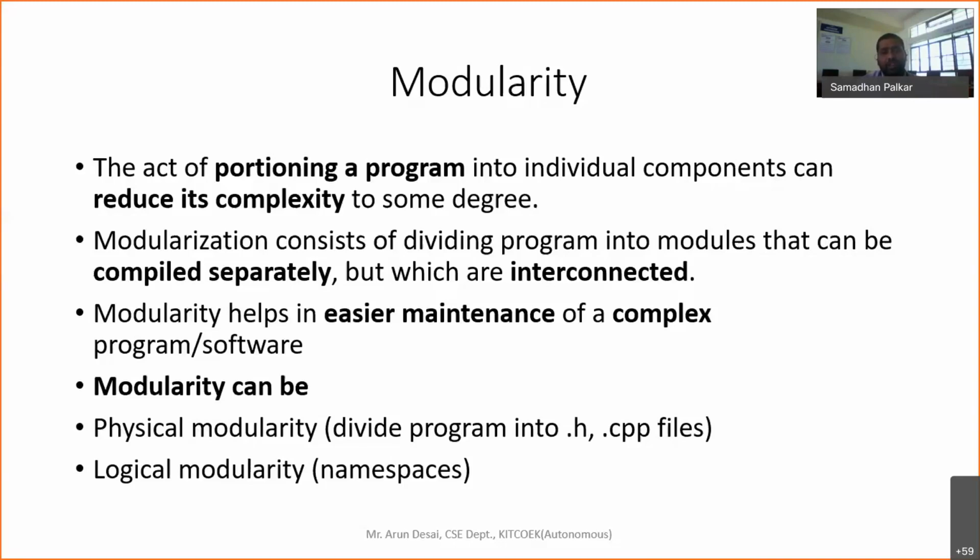Now, in modularity we divide our program into different modules, and they will probably be compiled separately, but all those components or modules are interconnected, right? That is the important thing in modularity. Even though we compile all those modules separately, they should all be interconnected. How and when, we'll see in the next slides, right? Still, keep in mind that modularity is simply decomposing a program.